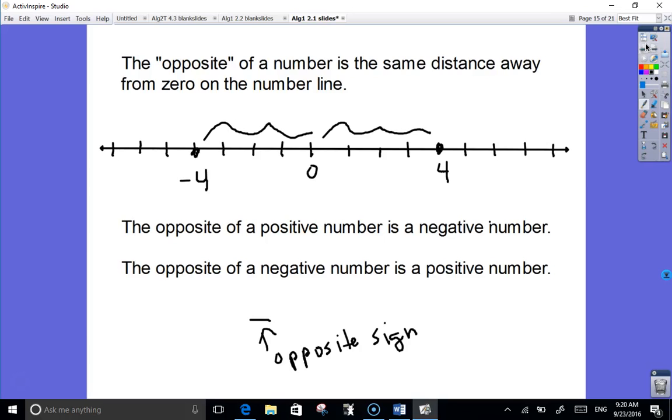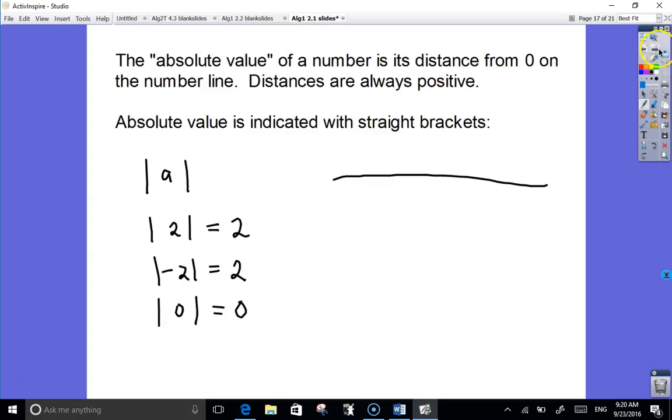And so therefore, when you take the absolute value of a positive number, you get a positive number, right? When you take the absolute value of a negative number, you get a positive number. So see, the absolute value of 2 equals 2. The absolute value of negative 2 equals 2. Okay, I should have said these straight brackets, those are the absolute value symbols.